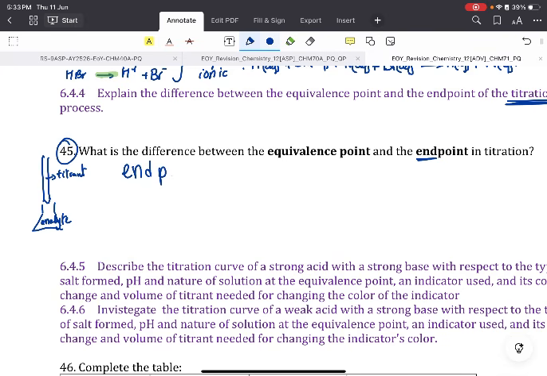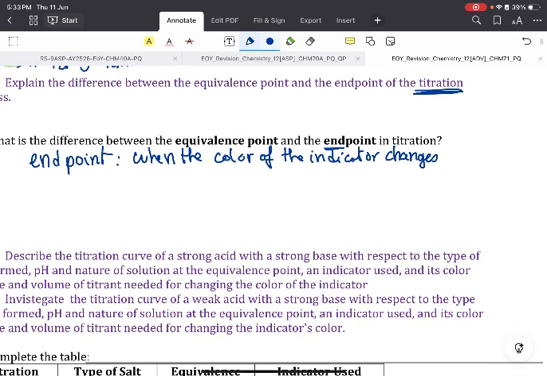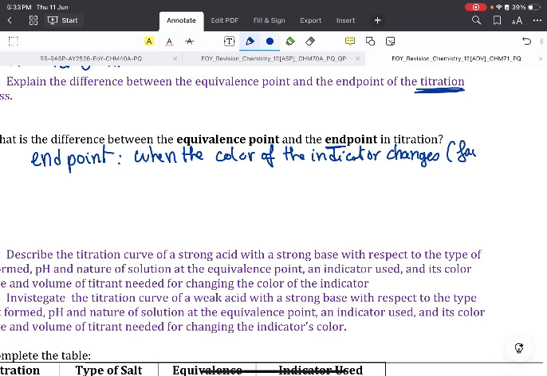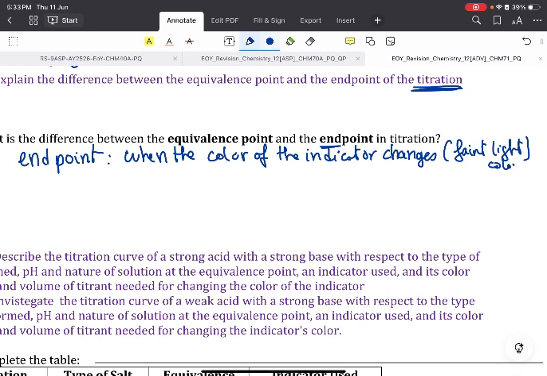So the end point in the titration is when the color of the indicator changes, telling you to stop, changes and persists, and it should be a faint light color.